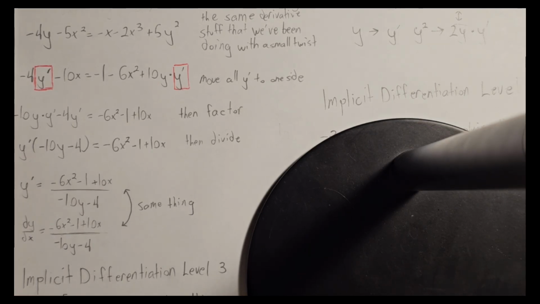He's been pretty strict on notation recently, so you might want to write at the end dy over dx just to make him happy, but you might also be fine if you just leave it as y prime.